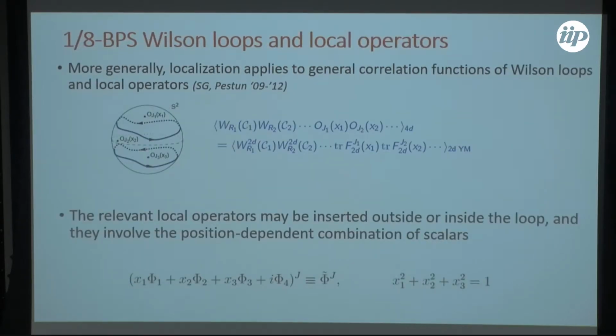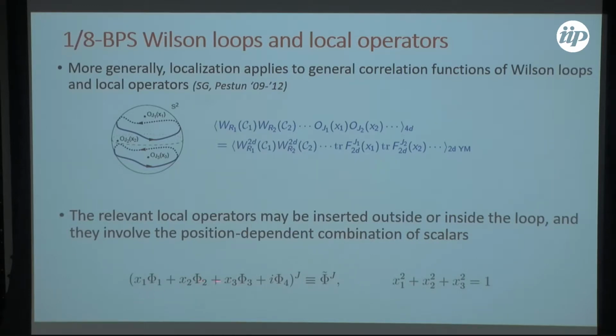More generally, you can show that there is a larger class of operators that preserve all the same supersymmetries and are captured by localization, which is not just Wilson loops. You can put any number of Wilson loops on the two-sphere, but you can also insert any number of certain kind of local operators on the sphere. These local operators, O_J, are essentially chiral primaries, but they are chosen in a way that the R-symmetry direction is correlated with the insertion point.